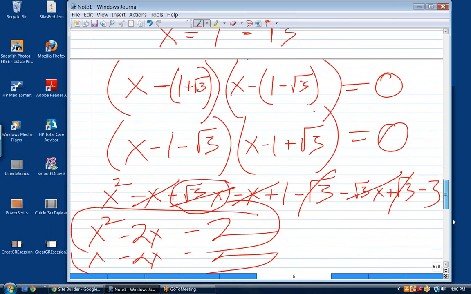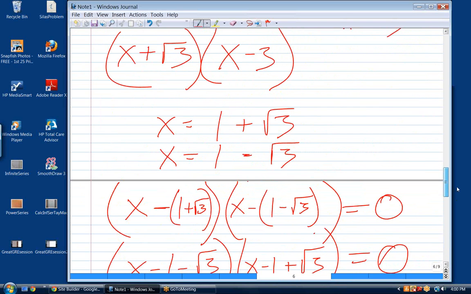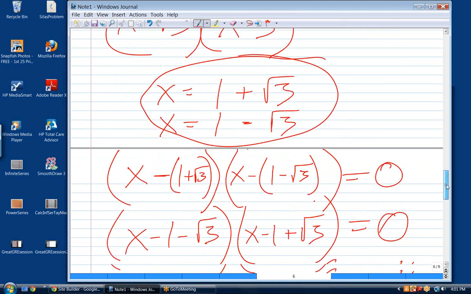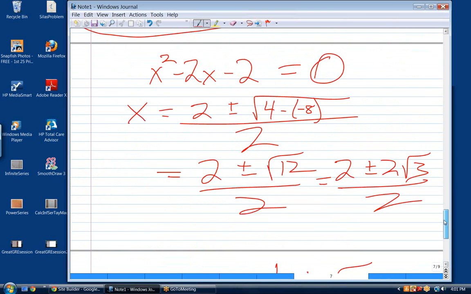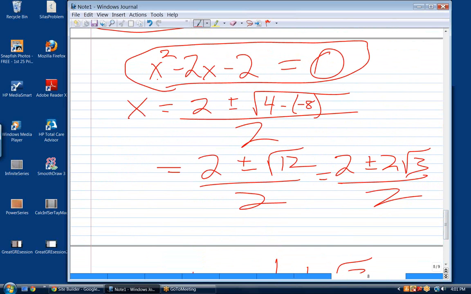Your solution was x equals 1 plus root 3 and x equals 1 minus root 3. Right? That's what we started with. So that merely confirmed that this was the correct equation that they were looking for.